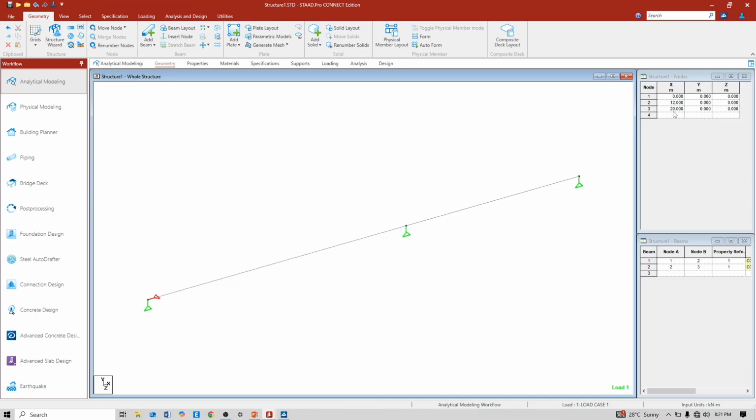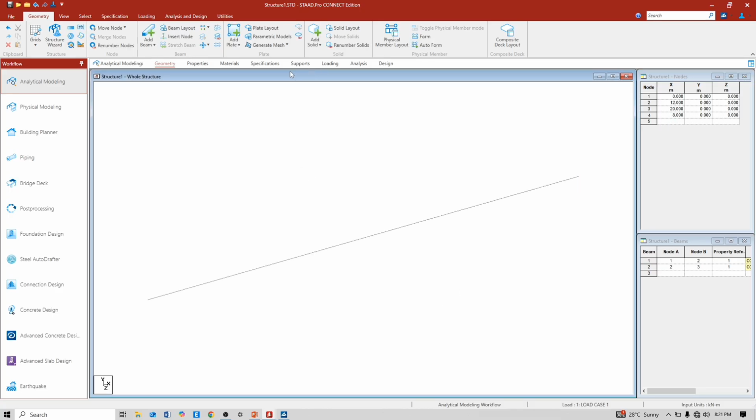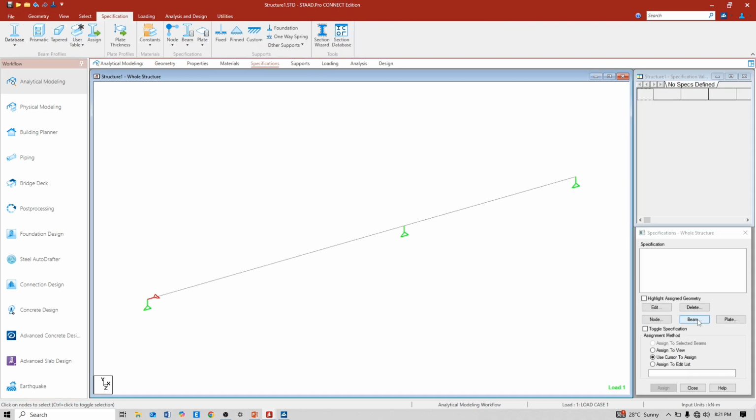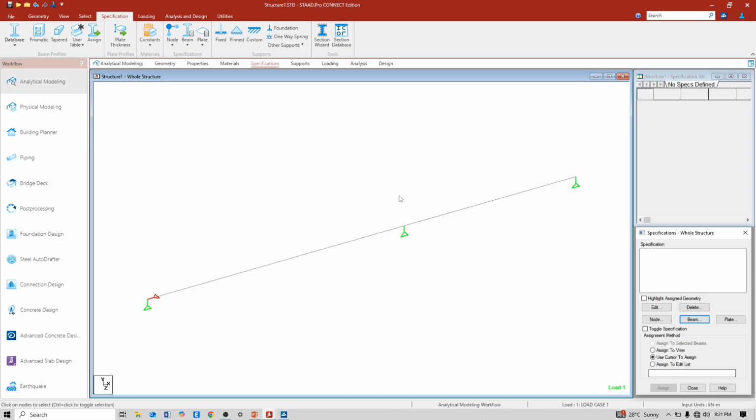So first consider a node here at 0.8 meter and give specifications. Here in specifications, beam releases at start. So for that we are providing at starting 8 meter.